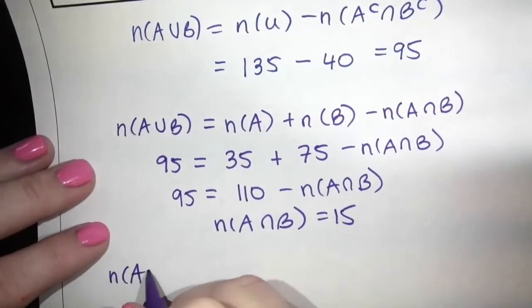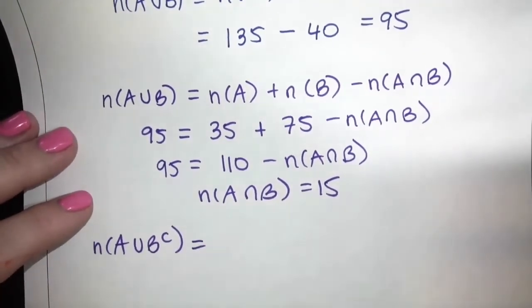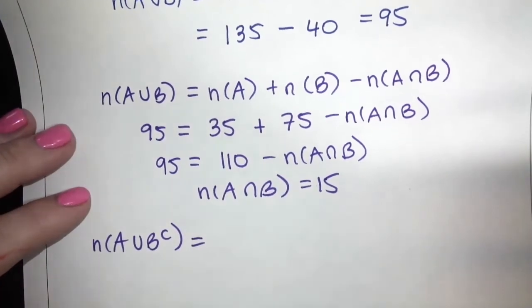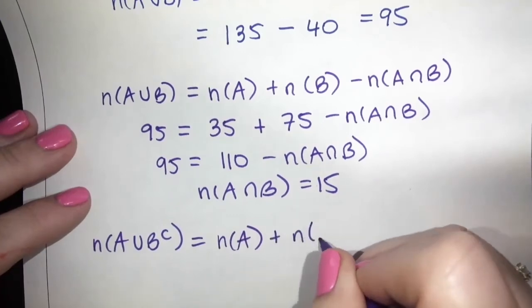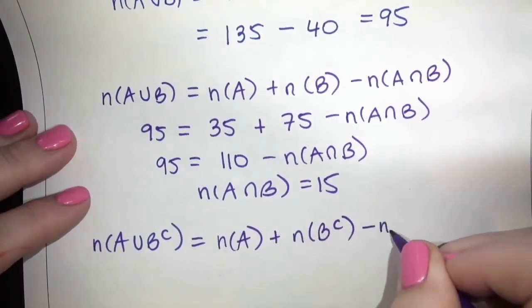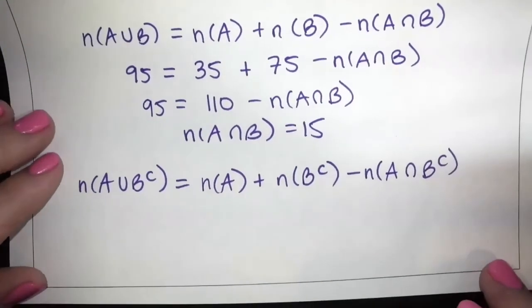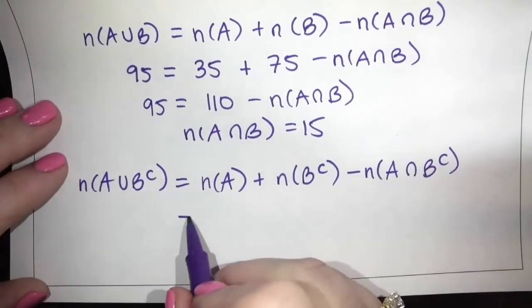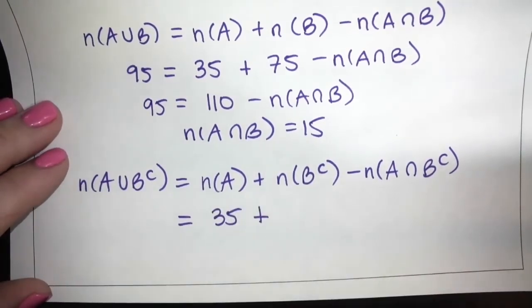And so if we want the number in A union B complement, that's what we were asked for, write down what your formula would say here. What would it be? So it'd be the number in A plus the number not in B minus number in A and not B. And so we can fill in everything we know. Number in A, we were given in the question, 35.